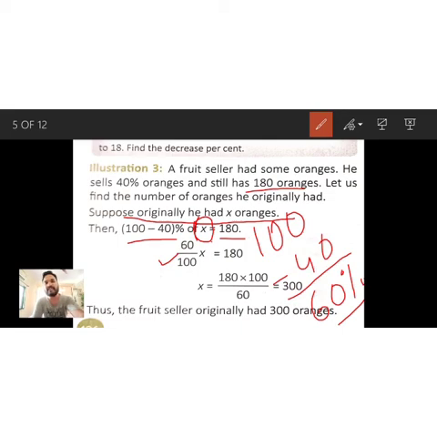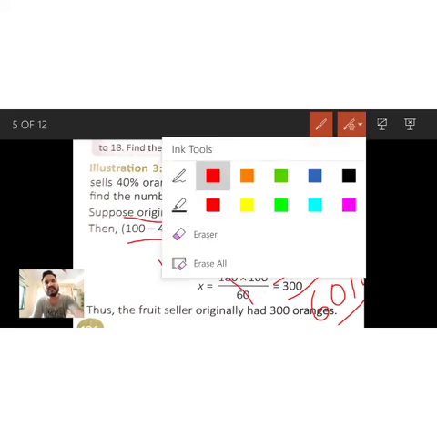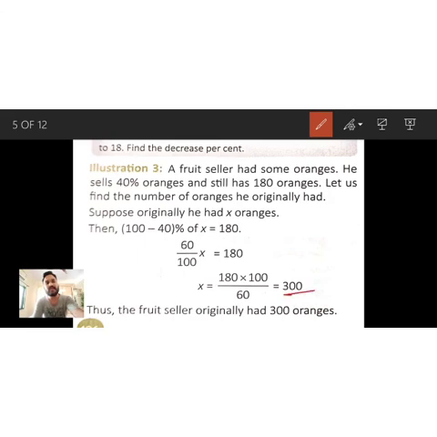So X is there, this is the X, not multiply. Okay, so 60 upon 100 into X equals 180. Now cross multiply, 100 moves to the upside, 60 moves to the downside. Our final answer is 300. So thus the fruit seller originally had 300 oranges.